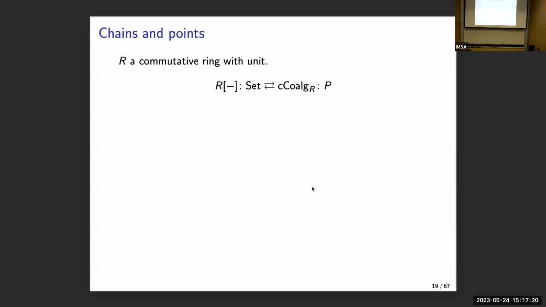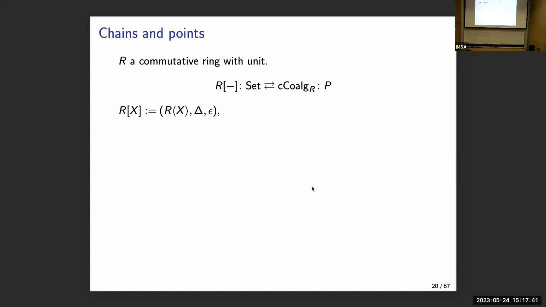You just declare the coproduct to be the diagonal on the generators. So associated to any set, one can construct a cocommutative, counital coalgebra. And that's a left adjoint. It has a right adjoint called the functor of points. So let's recall these definitions.